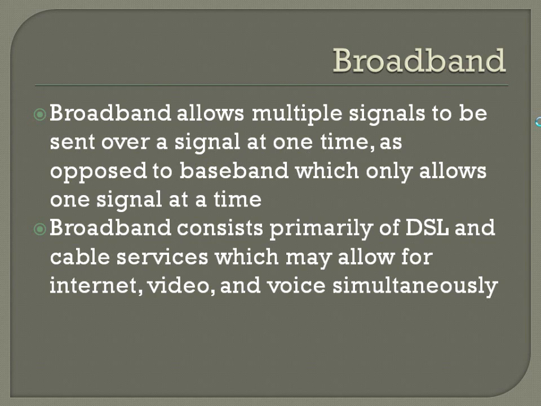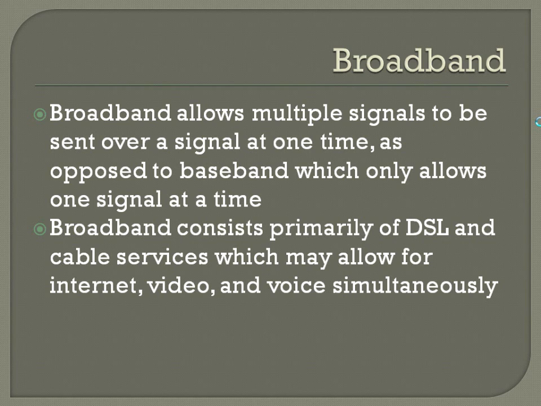And then broadband, which kind of falls into the same category. Broadband allows multiple signals to be sent over a single medium at one time, as opposed to baseband, which only allows one signal at a time. Broadband consists primarily of DSL and cable services, which may allow for internet, video, and voice simultaneously. So like DSL, for instance, you've got different sets of frequencies that correspond to each of the services.